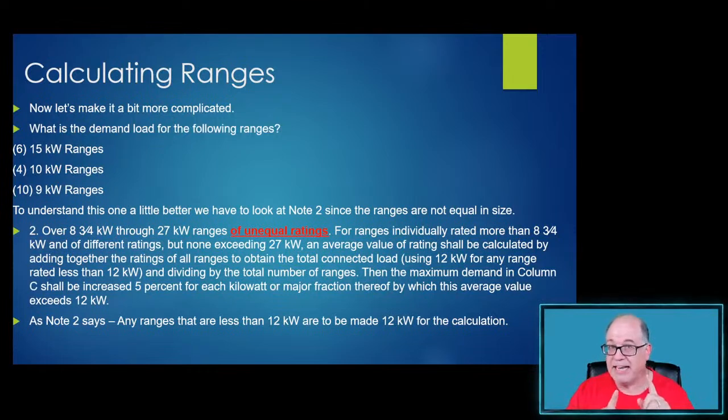So just remember that: an average value of ratings shall be calculated by adding together the rating of all the ranges to obtain a total connected load. So I'm literally going to add up every one of these kWs for every one of these ranges. And once I do that, I'm going to divide that by the total number of ranges.